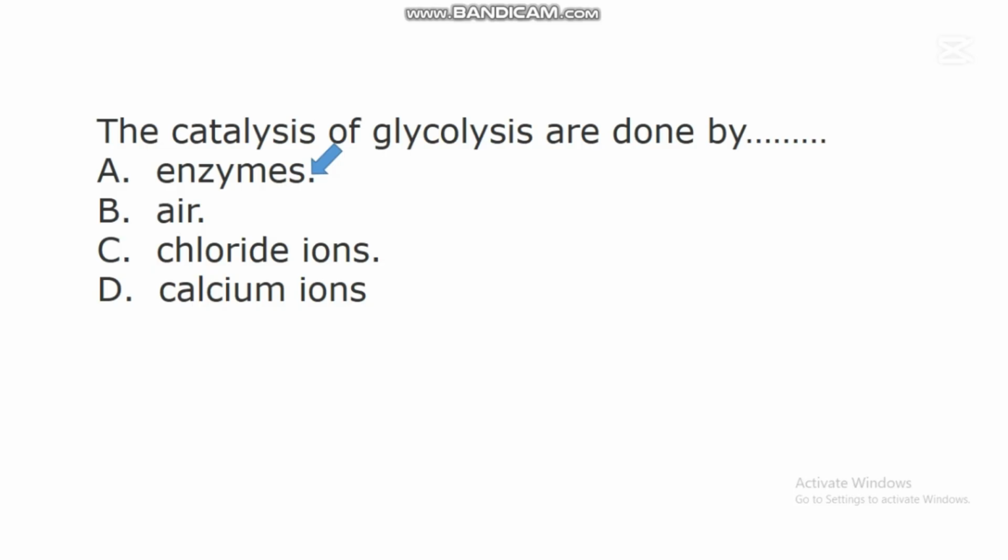Studies have shown that this chemical process known as glycolysis is catalyzed by different molecules in the cell. There are biological catalysts called enzymes. These enzymes play a great role in catalyzing glycolysis in the cell of an organism. So the catalysis of glycolysis is done by these molecules called enzymes.